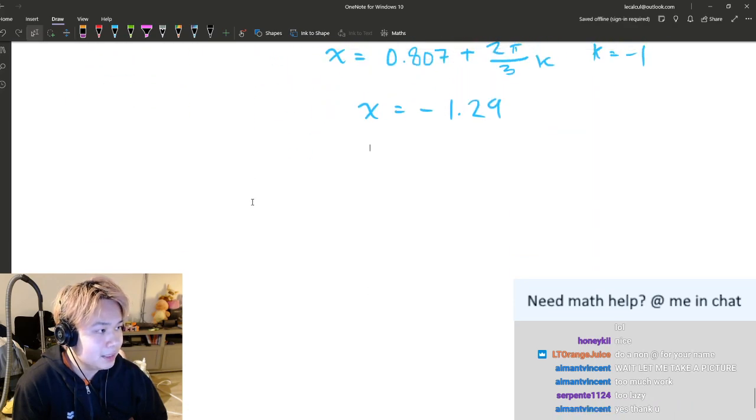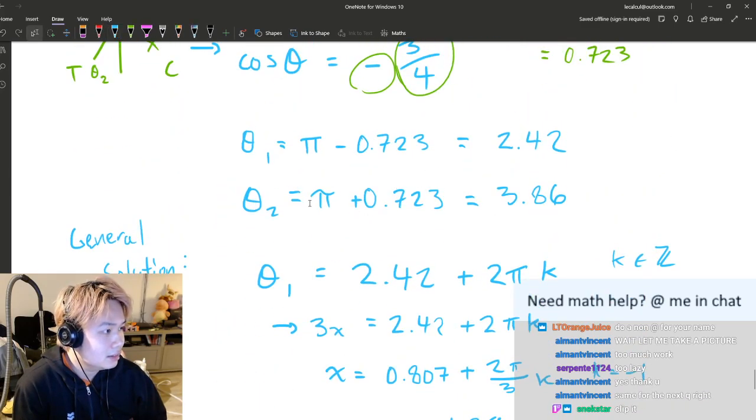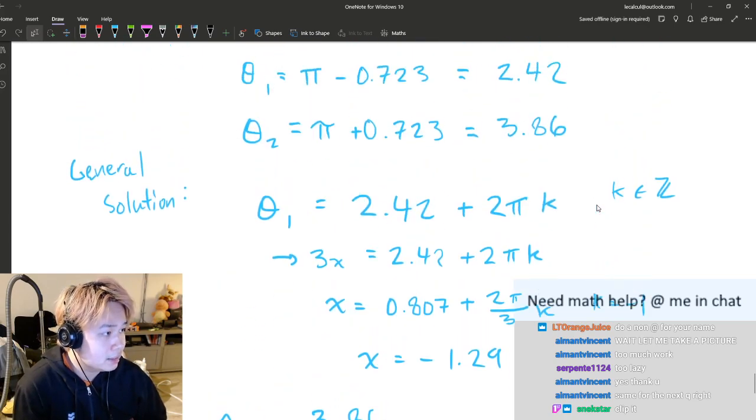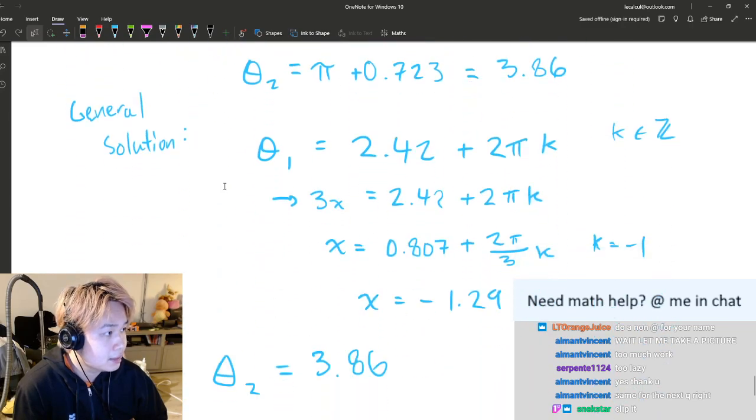Okay, and then we repeat the exact same process for theta number 2. So 3.86. And then, if the other question in question 9 has something like a multiple of x or whatever, then you do the exact same process.